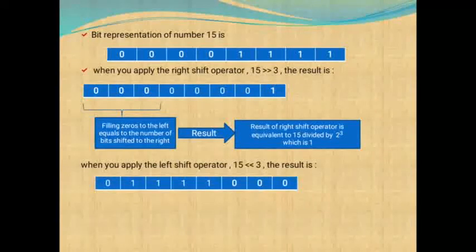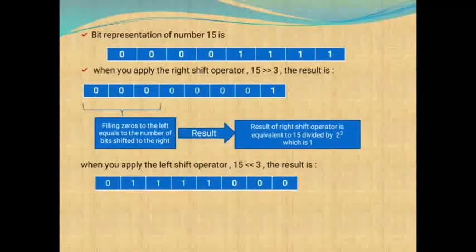So now the last 3 ones will be shifted towards left hand side. So the 3 ones here will be removed and the blank spaces are filled with 0.